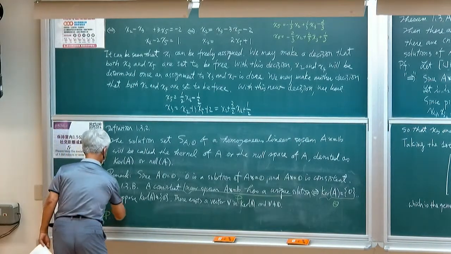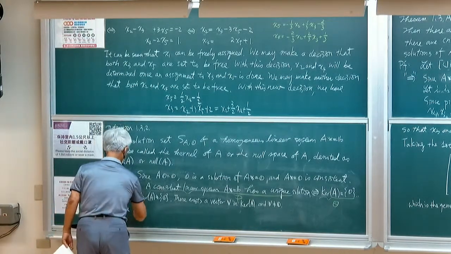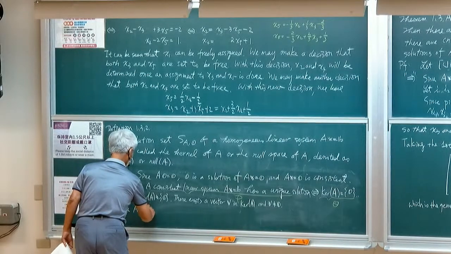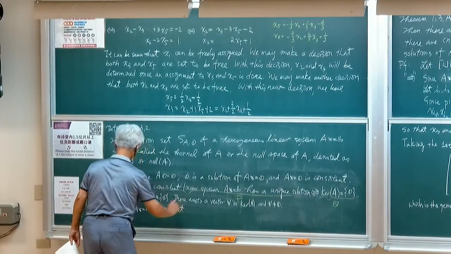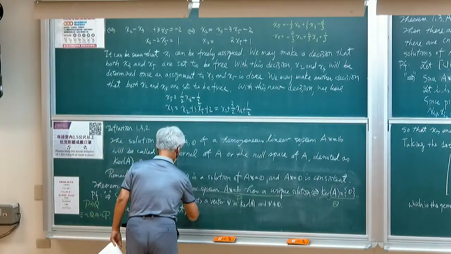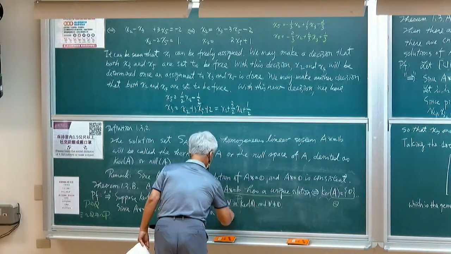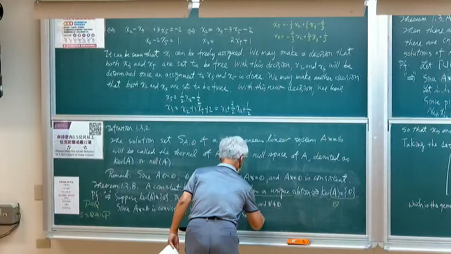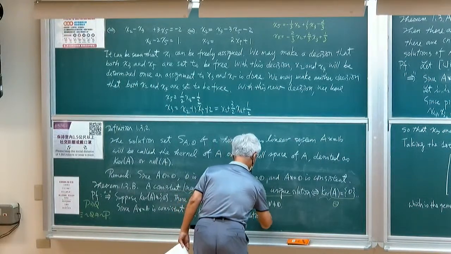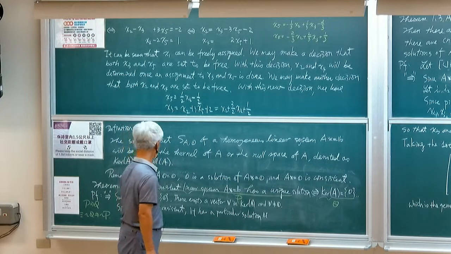Now, since Ax equal to B is consistent, it has a particular solution. Say U. Okay?